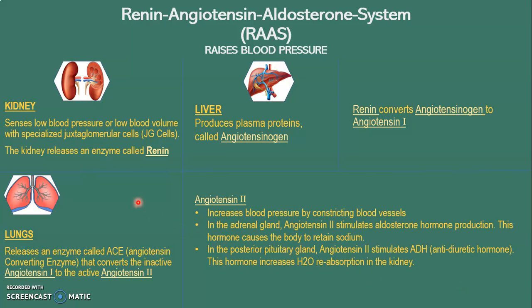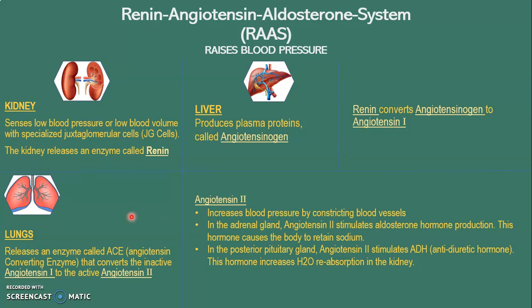What ACE inhibitors like lisinopril, captopril, or enalapril try to do is prevent angiotensin 1 conversion to angiotensin 2. Because angiotensinogen is an inactive protein that doesn't do much, and even when renin converts it to angiotensin 1, angiotensin 1 still doesn't do much.